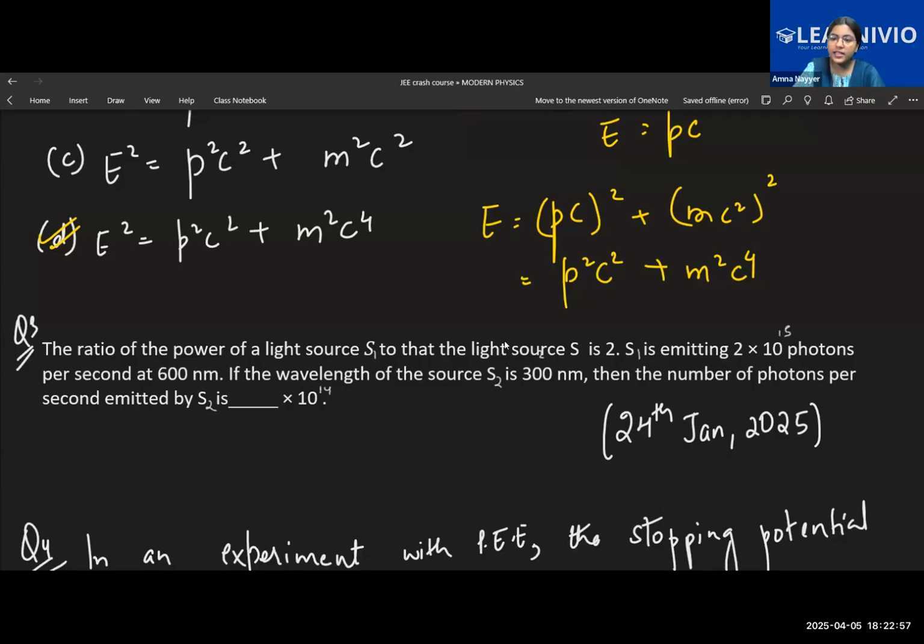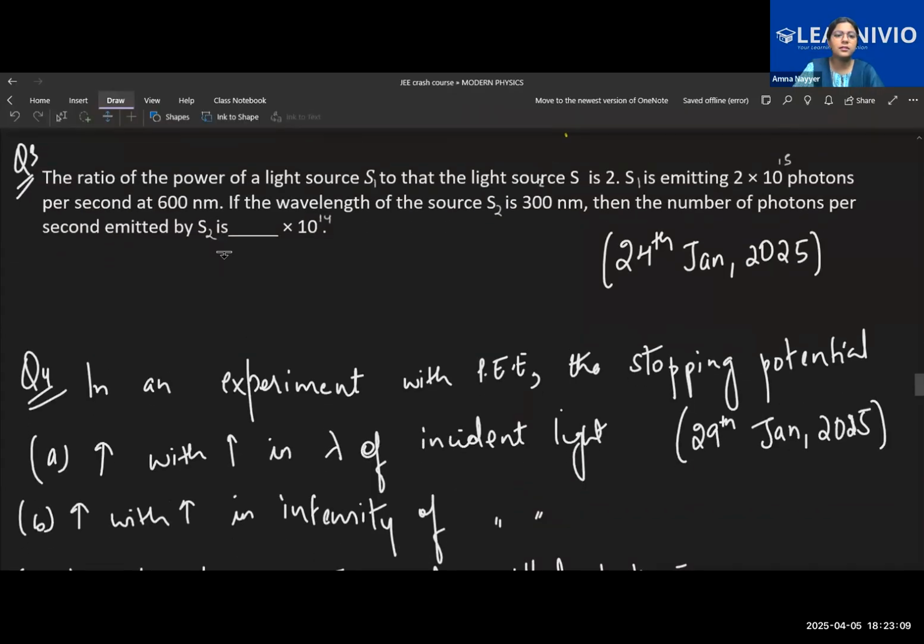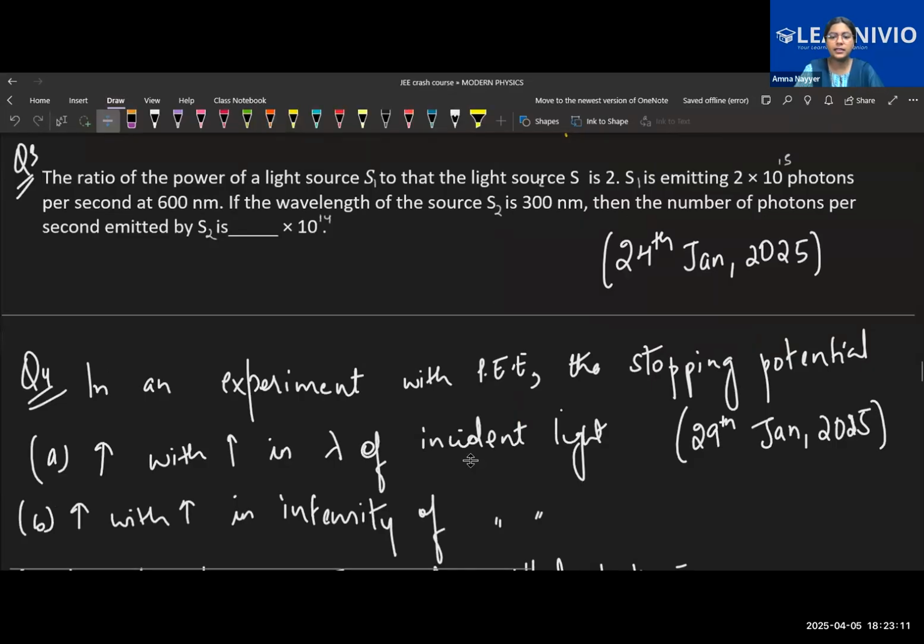It is saying S1 is emitting 2 into 10 to the power 15 photons per second at 600 nanometer. See, this is a question on the number of photons and the power.